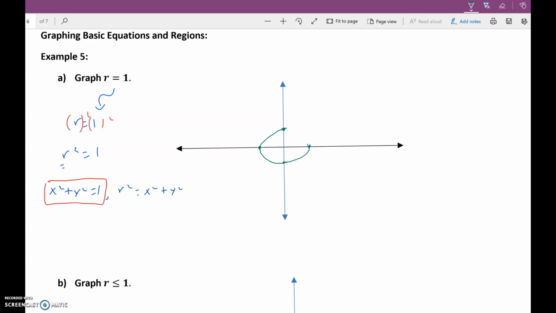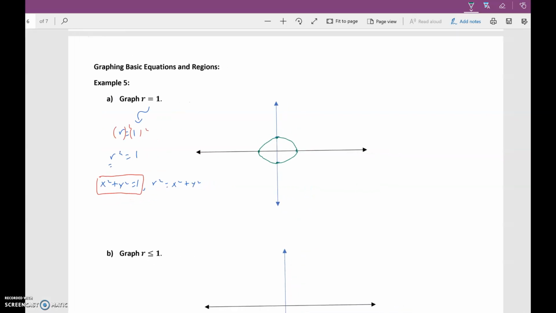Not the best circle, but that's what we're talking about for this one. Okay, and this represents r is equal to 1. Or you can express it as x squared plus y squared is equal to 1, or a circle of radius 1.